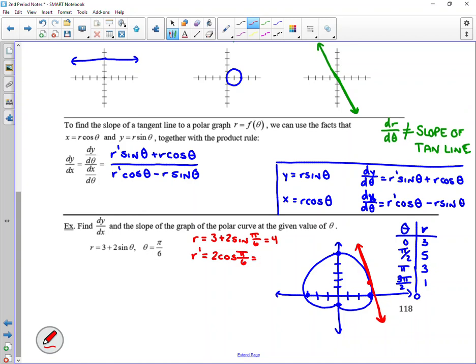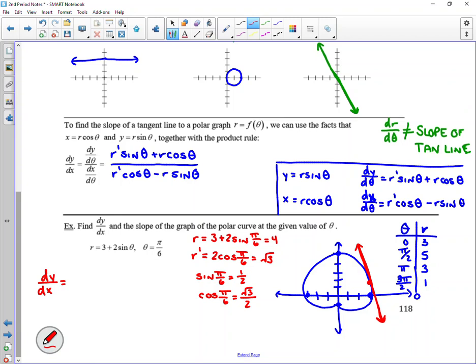So 2 times cosine of pi over 6 is just √3, right? And then I also like to write sine of pi over 6. You don't have to do this. And cosine of pi over 6. Because sometimes it makes it easier when you're plugging these into your dy/dx. You have all the components already made, since there's so many parts.